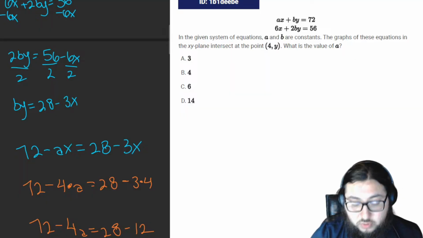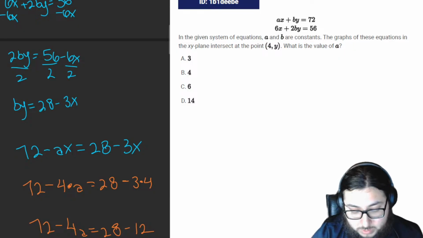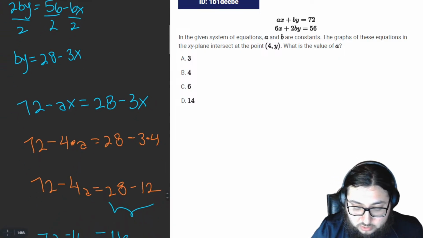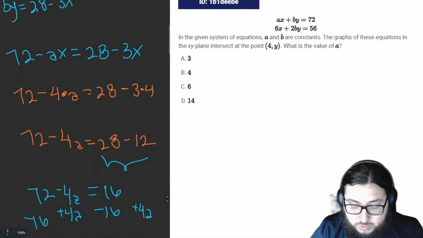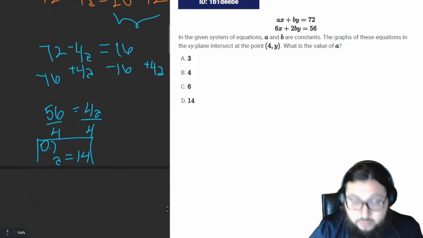And they tell us that the graphs of these equations intersect at the point 4, y, where 4 is x and y is, well, y. So we only have x in our equation, so we can just use that. Substituting 4 for x, we get 72 minus 4a is equal to 28 minus 3 times 4. And then we just simplify those expressions and solve for a to get 14.